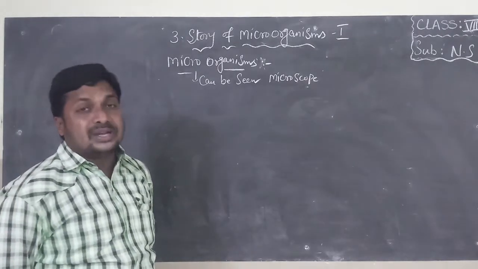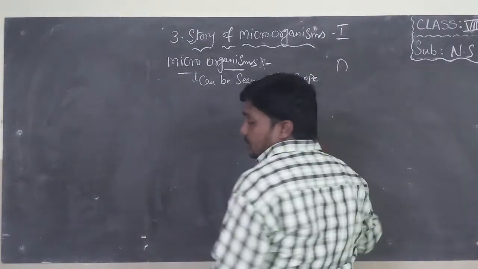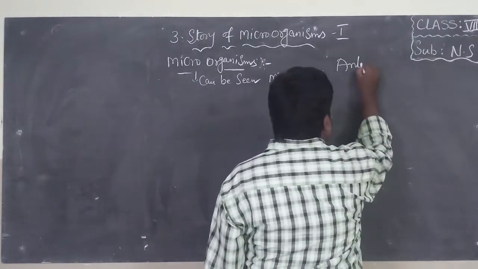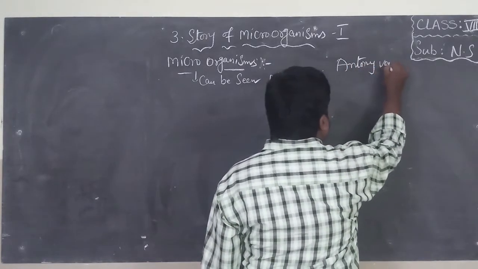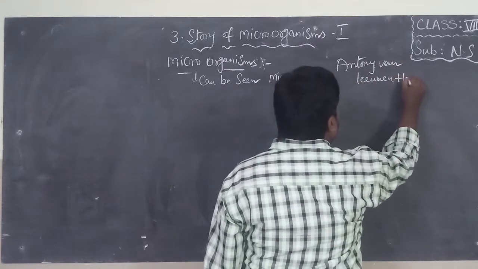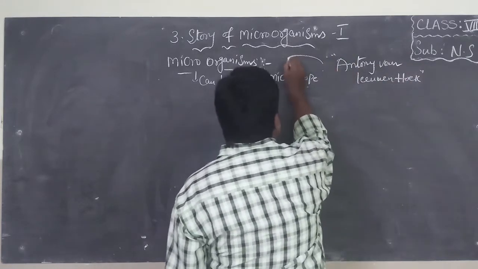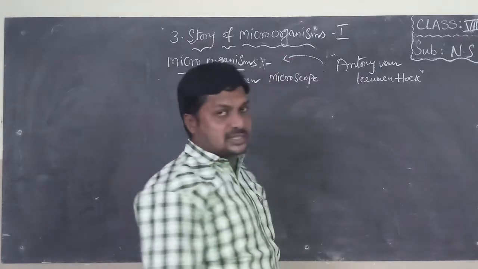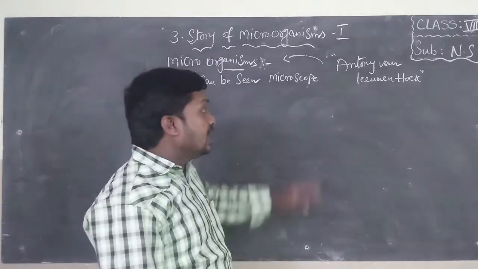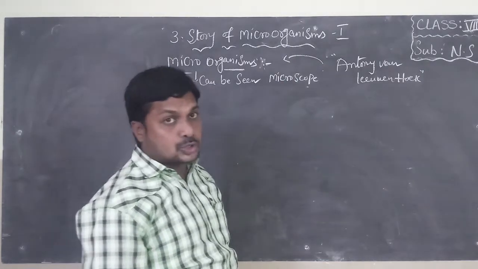First of all, who discovered microorganisms for the first time? A scientist called Antony van Leeuwenhoek. He is the first person who discovered microorganisms. Basically, he was a fabric merchant. He observed microorganisms under a microscope.